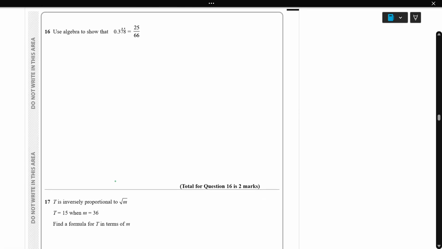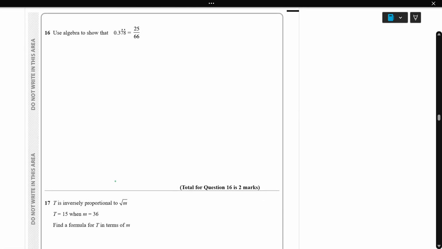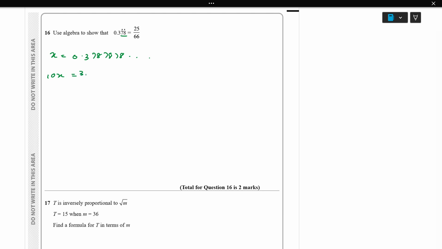Next one, question number 16. Use algebra to show that 0.378 recurring, with 78 recurring, is 25 over 66. First we take x equal to 0.37878, with 78 keep repeating. Multiply by 10 so 10x is 3.7878 going on.